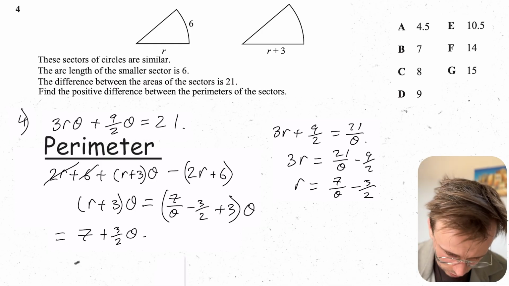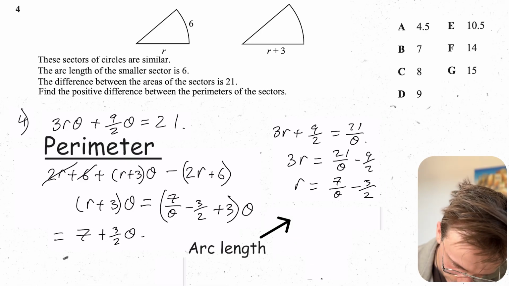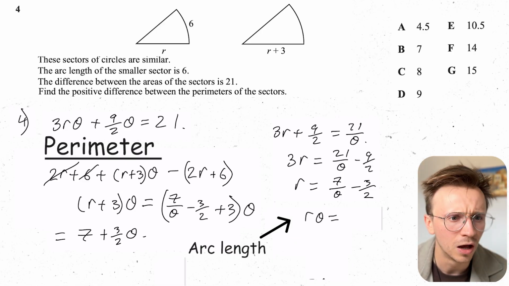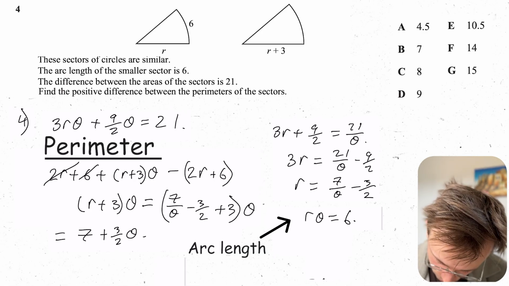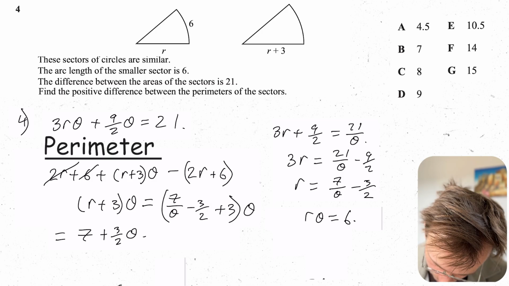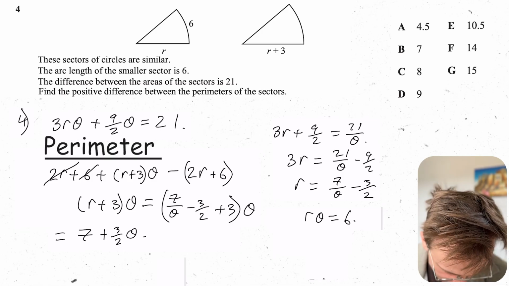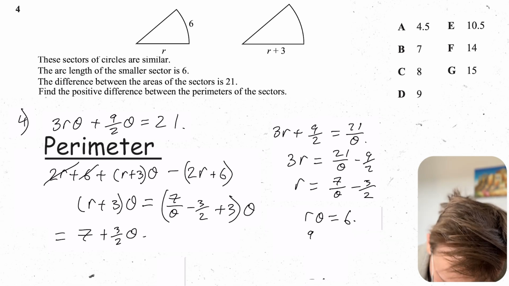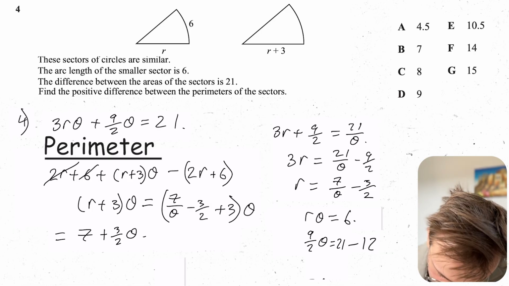Oh, but I do know that r times theta is equal to 6. So therefore, 9 over 2 theta equals 21 minus 18.